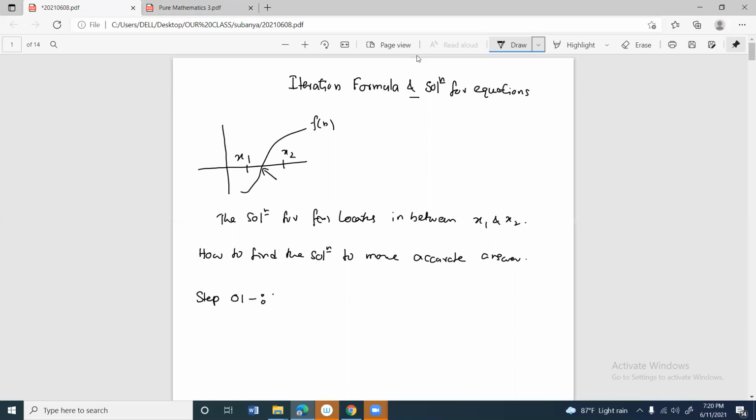How we do this: step one is to locate the solution. We identify between which two figures this answer exists. Step two, form the iteration formula.